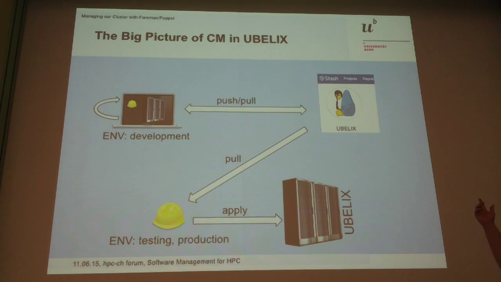We push and pull to our stash server, so everything we do is version controlled. For us, that's important. And in UBELIX, we have another Foreman, our Puppet master, that currently manually, but we could automate it too, pulls changes from the stash server and applies it accordingly to UBELIX, be it in testing environment or production environment, and come to that in a moment. So that's the big picture.